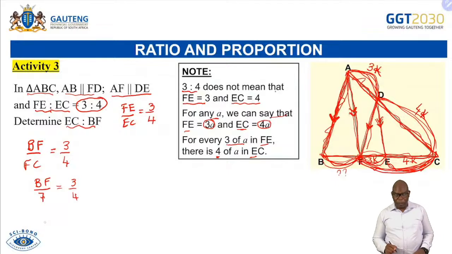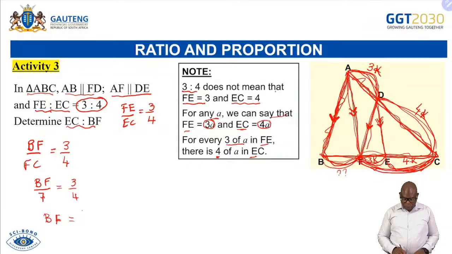So I can cross multiply now. So I'll have BF equal to 3 times 7 is 21, all over 4. So now I know what is my EC. EC is 4.